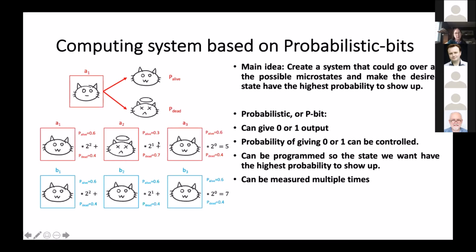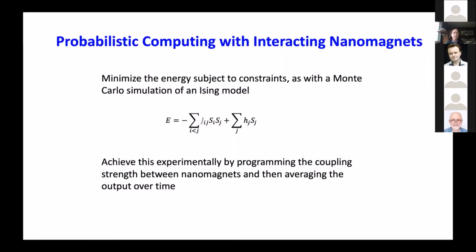If you're doing, for example, integer factorization, this would be one way that you could look at the number 35, 5 times 7, weighting it by the digital bits. But in order to do a calculation, you would have to be measuring enough times to get good statistics to reflect these probabilities.